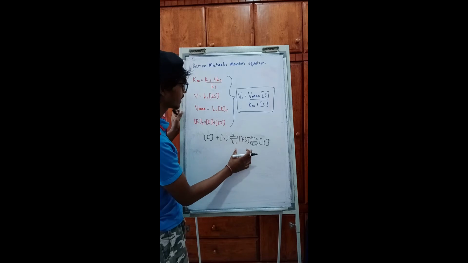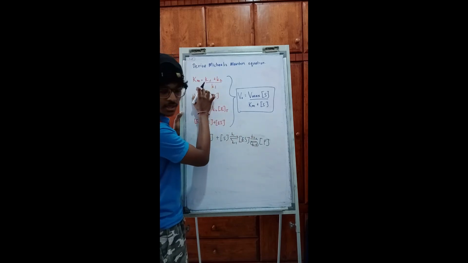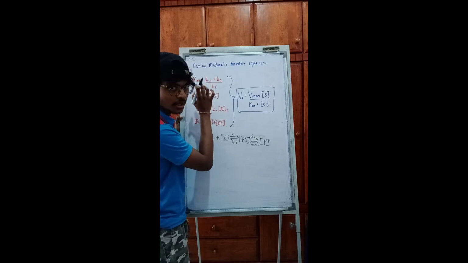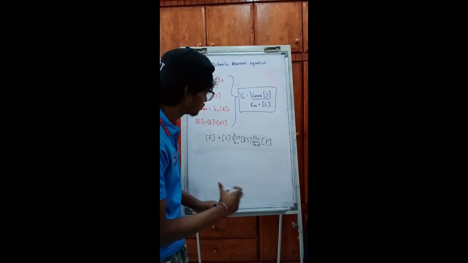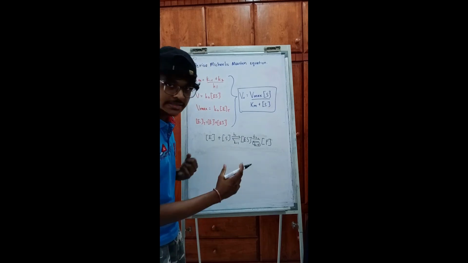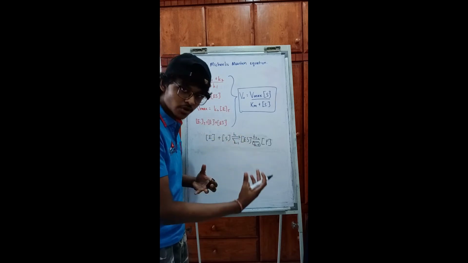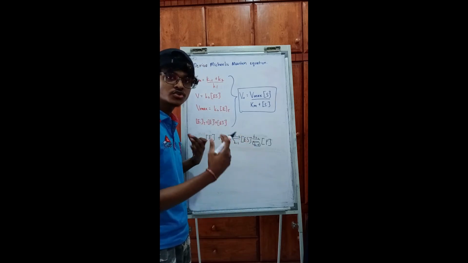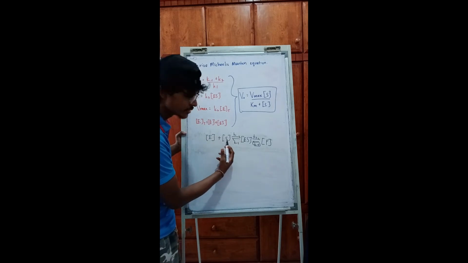This is how we can derive the equation for the Michaelis-Menten constant. In a reaction pathway, we can equalize the rate of formation of product or the rate of dissociation of the reactant. Here, these are the reactants.